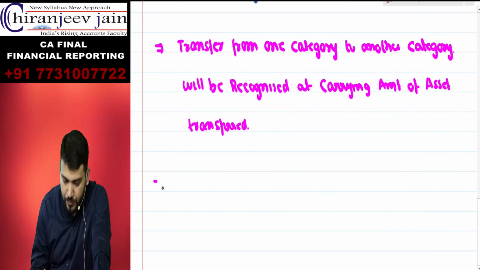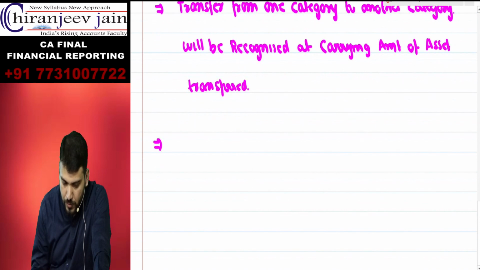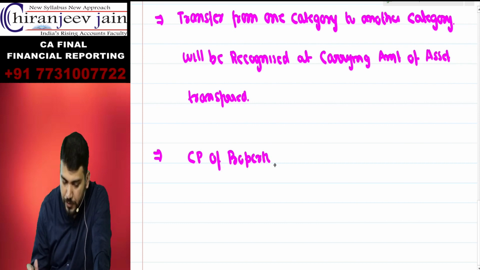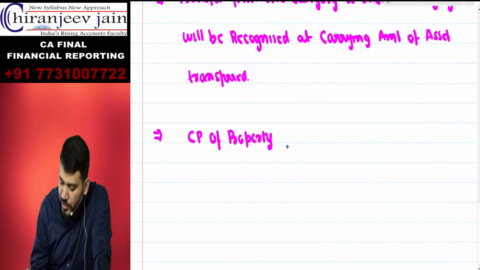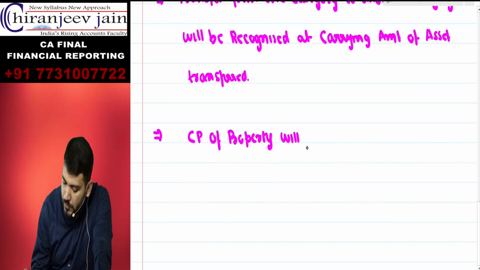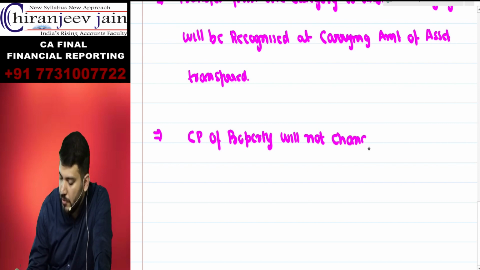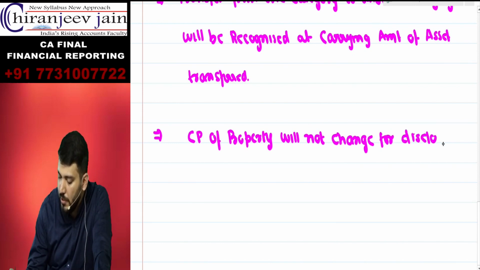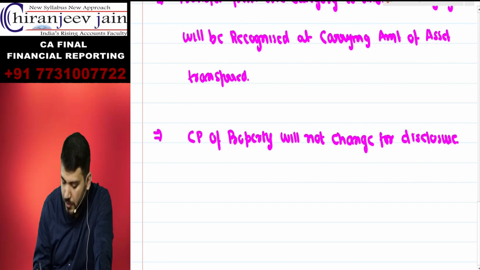Look at the second point. Cost price of property will not change for disclosure purpose. What do they want to say?